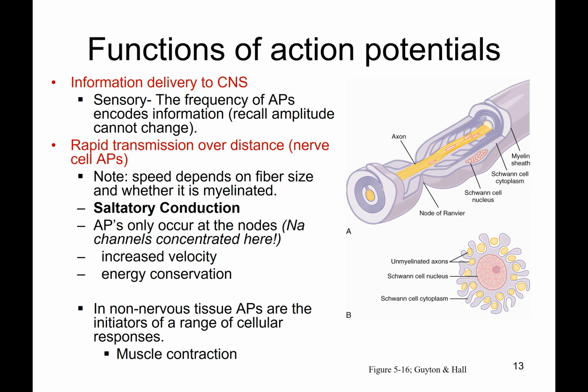If it's only every once in a while, then your brain may interpret it as, it's just annoying. It's not something we have to really worry about. And then you keep doing whatever it is that you're doing, right? So the coding of how intense the stimulus is, if it's sensory, is about the frequency, the temporal summation.